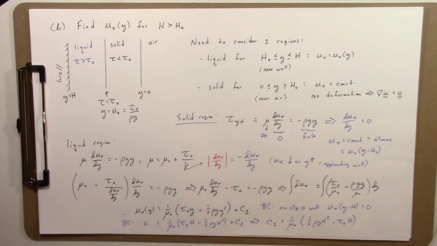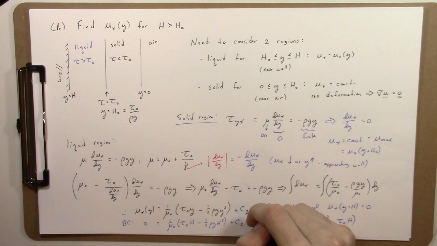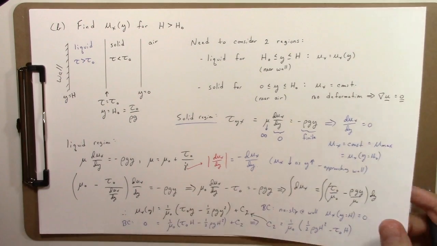So finally, we can take this expression for C2 and substitute back into our integrated expression for ux of y.